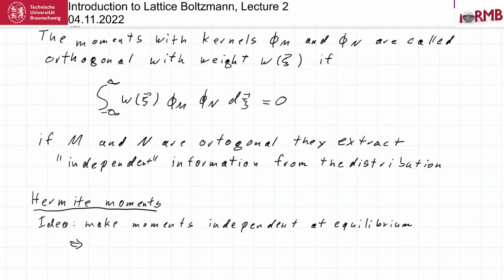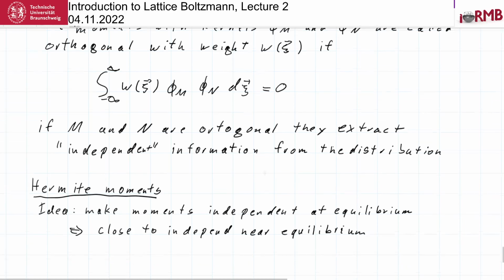If they are independent in equilibrium, the idea is that they are close to independent as long as we are near equilibrium. So suppose we never go far away from equilibrium, then this can still be a good approximation, and this is basically the idea behind this.